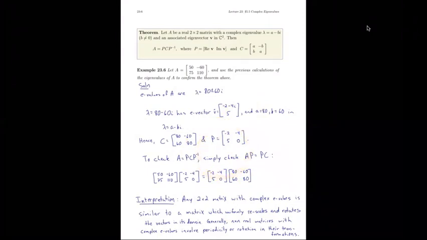Now, generally for n by n real matrices, it's a little bit harder to see, but what we can keep in mind is that if a general n by n real matrix has complex eigenvalues, it's always going to have a pair, right? Because we know that one complex eigenvalue has its complex conjugate also as an eigenvalue of the matrix, and they'll each have their eigenvectors, which are complex conjugates of each other. It introduces a periodicity or rotation into the transformations for the n by n matrices, right?